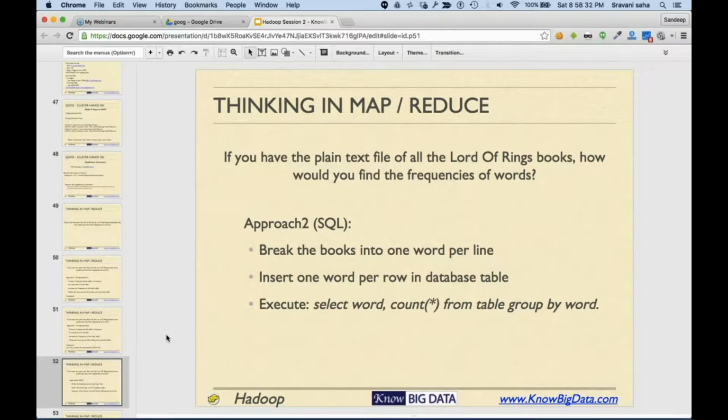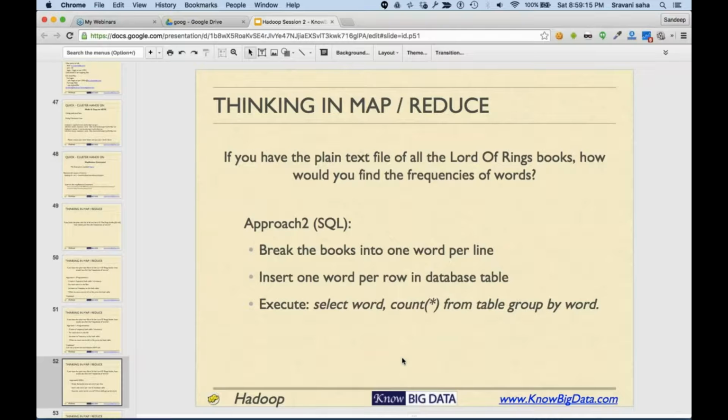Okay, so this is the approach number 2, where we break down the books into one word per line, one word per row, and insert one word per row into the database. And once you have inserted this full text file into the database, all you need to do is select word, comma, count star from the table and group by the words column. Okay, this is the approach number 2.